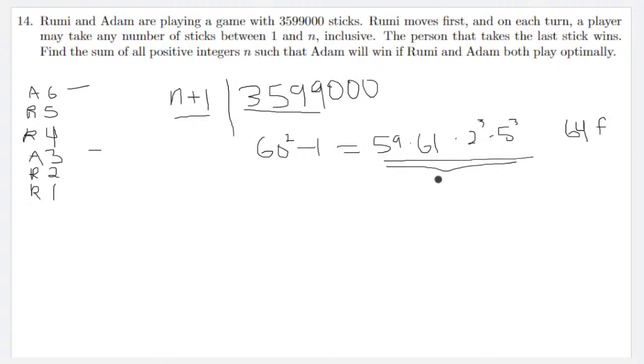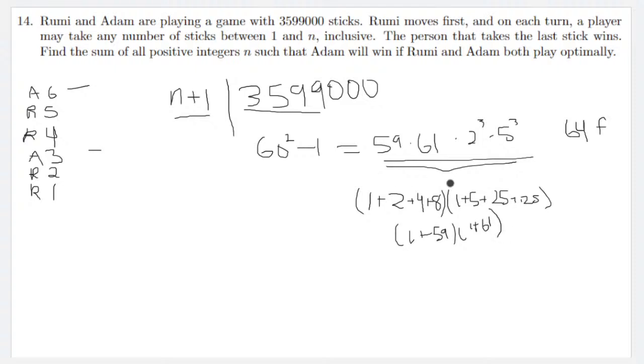So how do we find the sum of all the factors? Well, let's write this like this. 1 plus 2 plus 4 plus 8 times 1 plus 5 plus 25 plus 125 times 1 plus 59 times 1 plus 61.